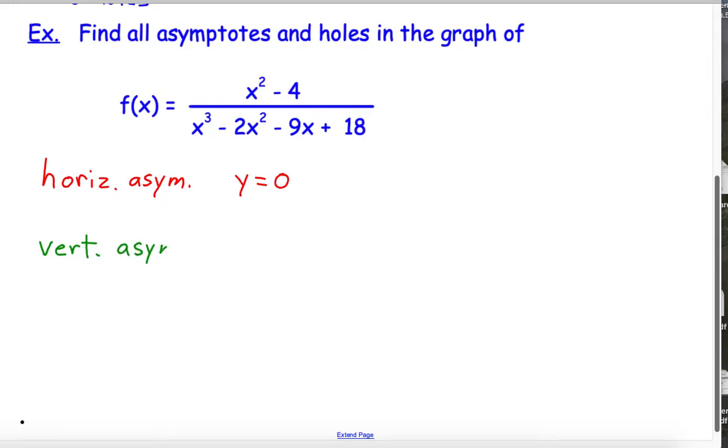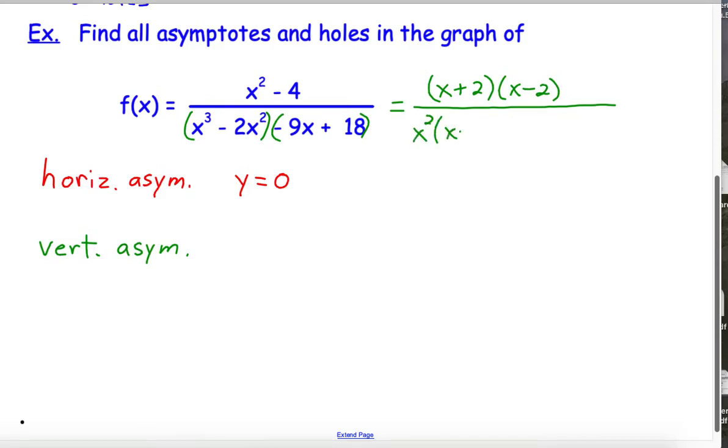We're going to factor. So x squared minus 4 is x plus 2, x minus 2. In the denominator, I'm going to factor by grouping. So the first two terms, I could factor out an x squared, and I'm left with x minus 2. Oh, there's a hole in the graph.